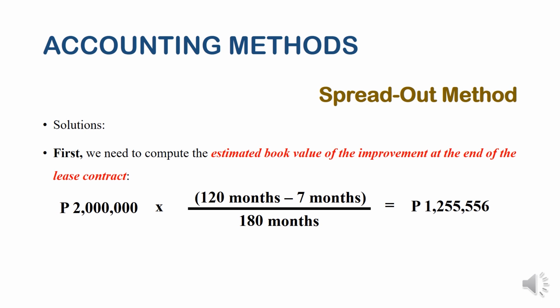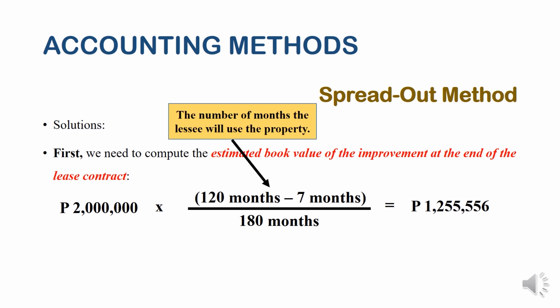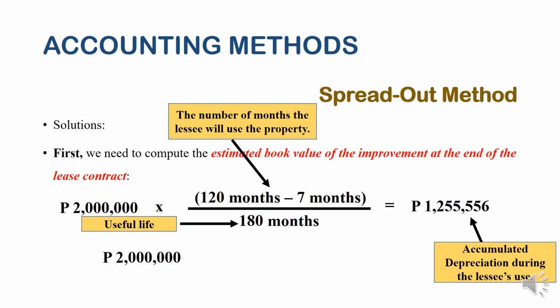So the estimated book value of the improvement at the end of the lease contract is actually 2 million minus 1,255,556, therefore 744,444 pesos is the estimated book value of the improvement at the end of the lease contract.